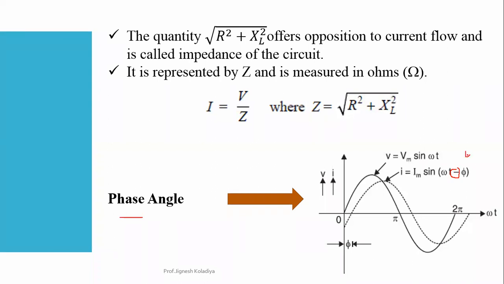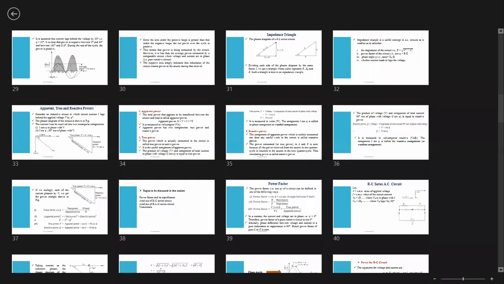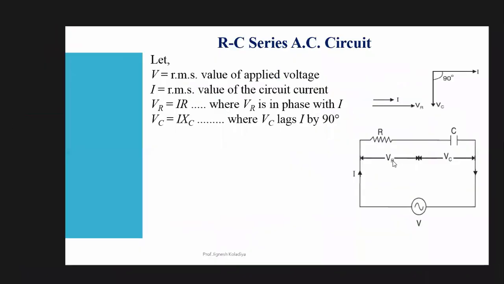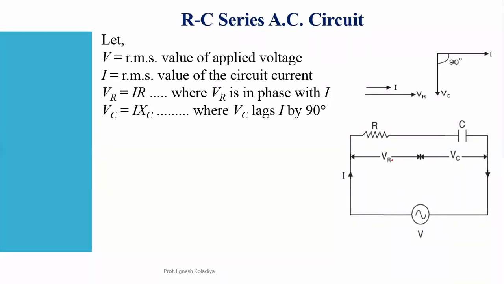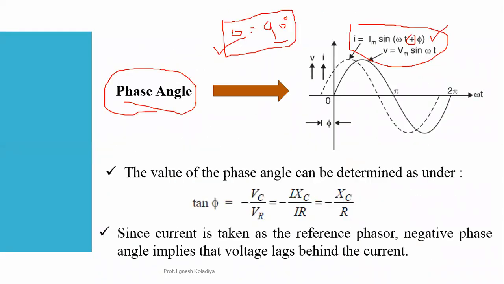That means current is lagging by angle phi due to the presence of inductance. But now in the RC series circuit, we know the nature of the capacitor. The presence of capacitance makes the current leading, right? And that's why I'm getting a plus sign over here. So current is leading by an angle phi with respect to voltage, right?